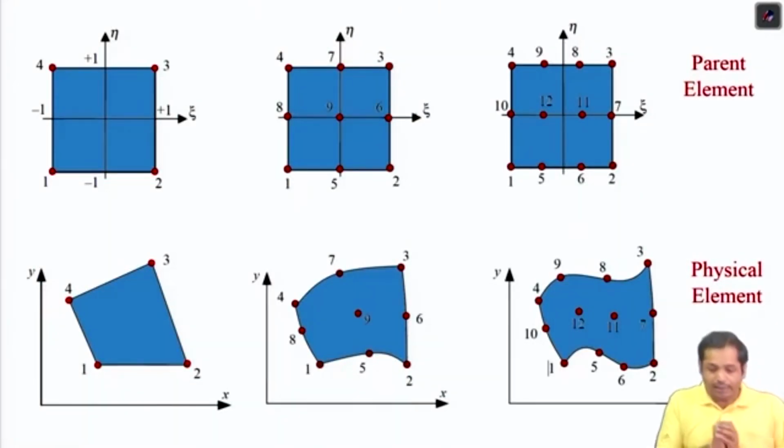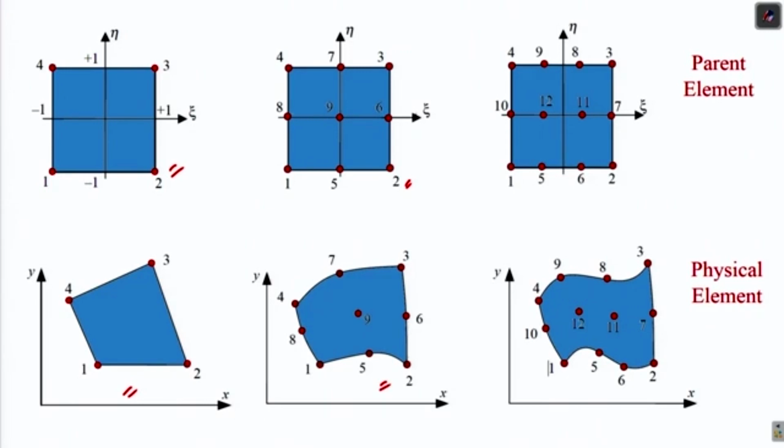Now there are some examples of the parent element and the corresponding physical element. So this is the linear element and this is the corresponding element in the physical domain. This is a quadratic element, and this is the corresponding one in the physical domain.